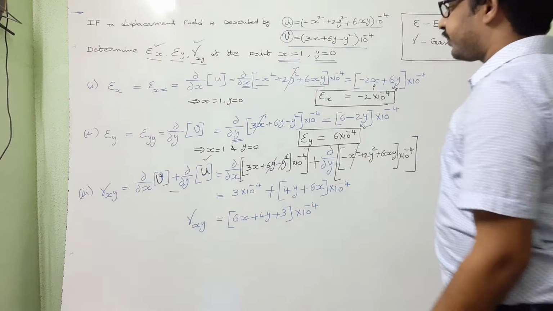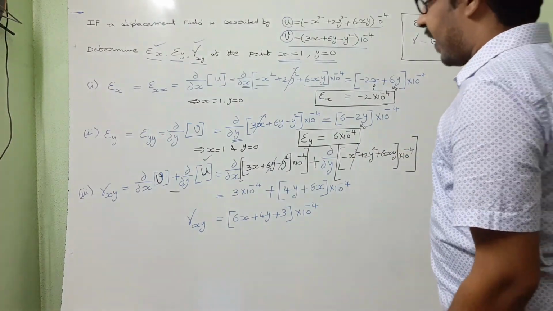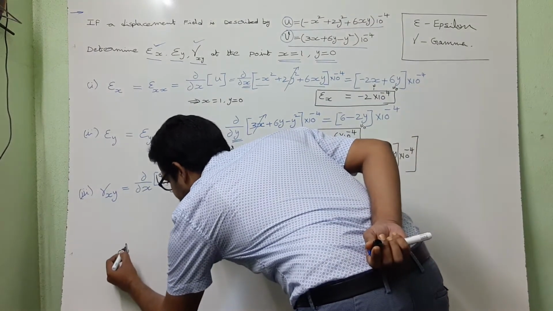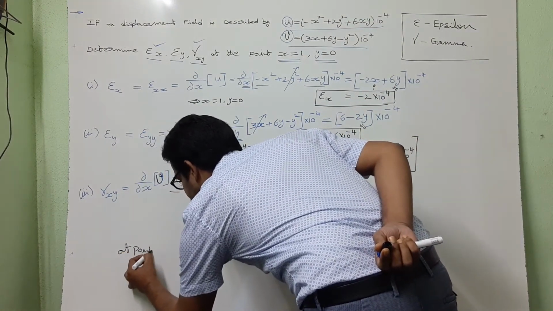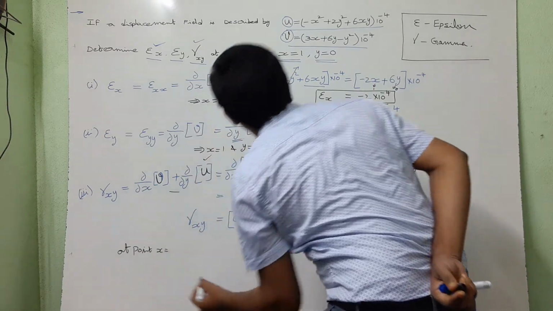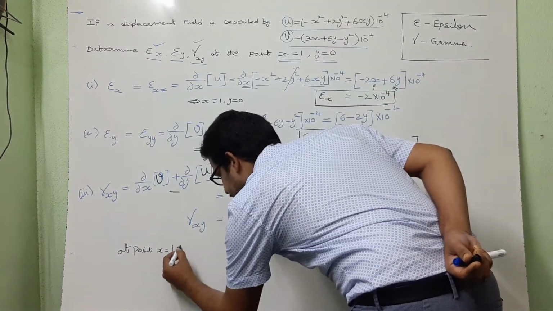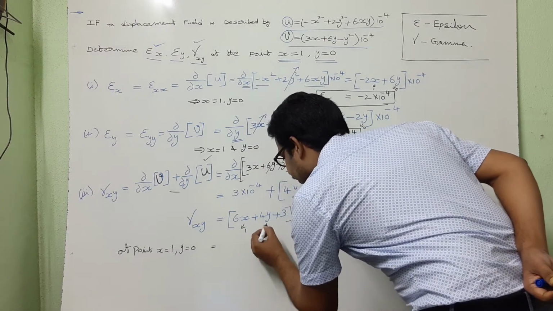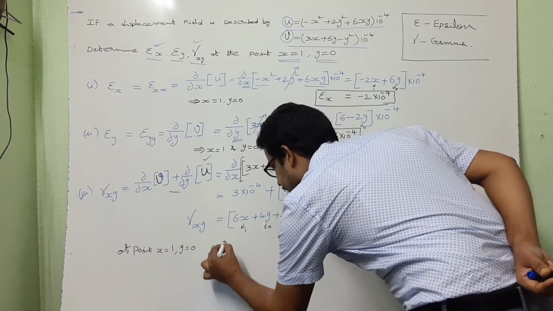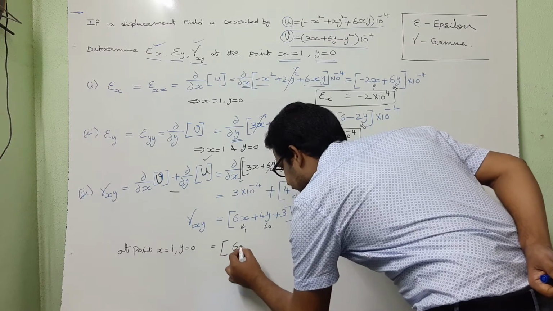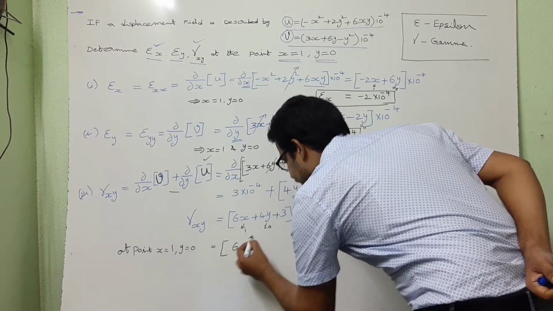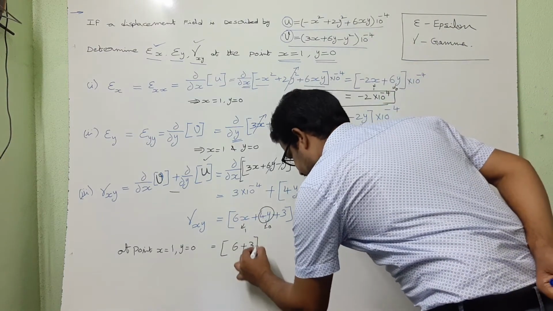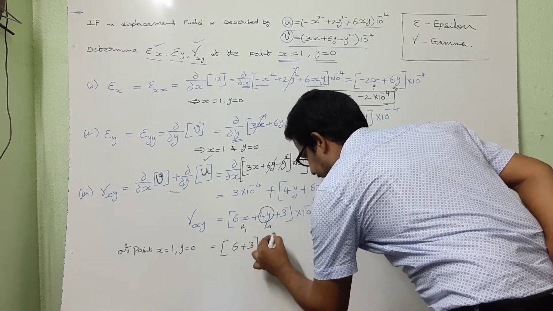Now for gamma xy, substitute at the point x equal to 1, y equal to 0, that equals 6 plus 3, and the 4y term is 0, into 10 power minus 4.